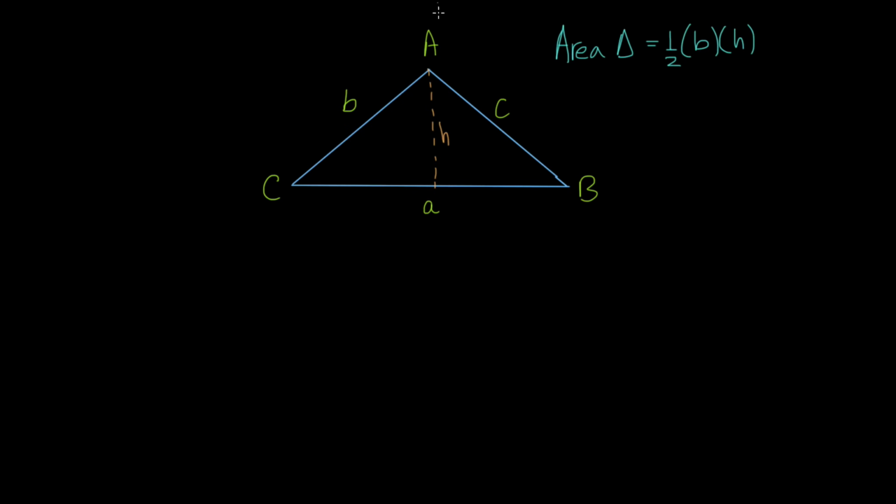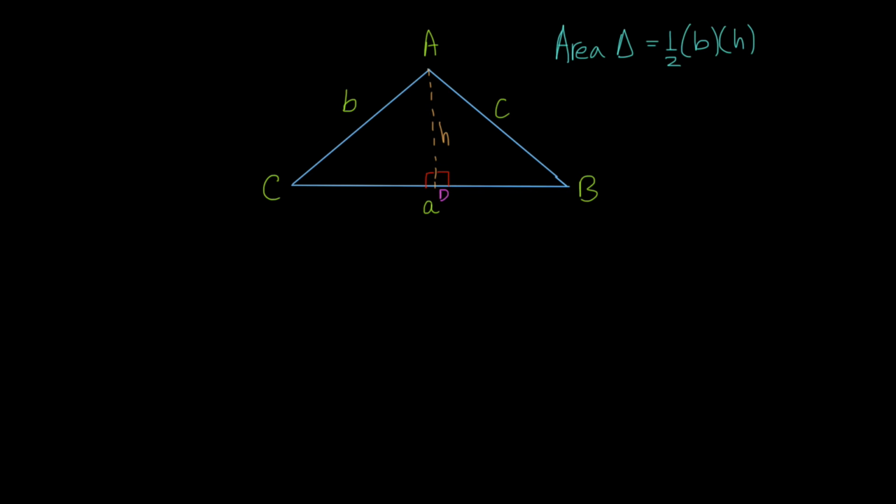But if I divide this triangle into two different triangles, then we get a right angle here and a right angle here. So if I label this point D, then triangle ACD becomes a right angle triangle, and triangle ADB becomes another right angle triangle.